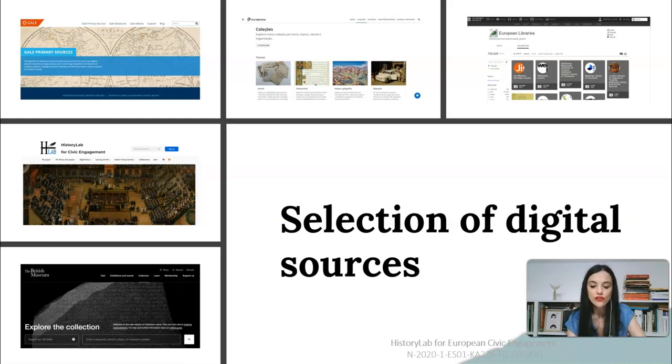Especially when looking for sources that relate to a very specific topic, scientific articles or book chapters by specialized historians are useful. These often contain excerpts from historical documents, historical images, maps, and tables.